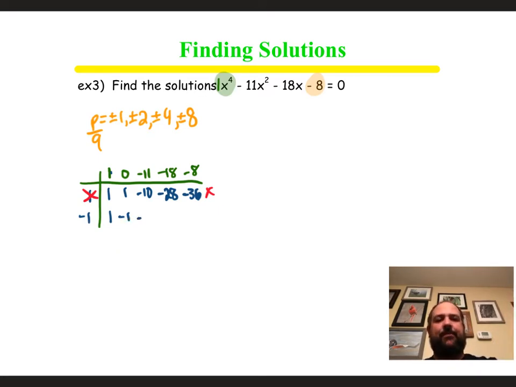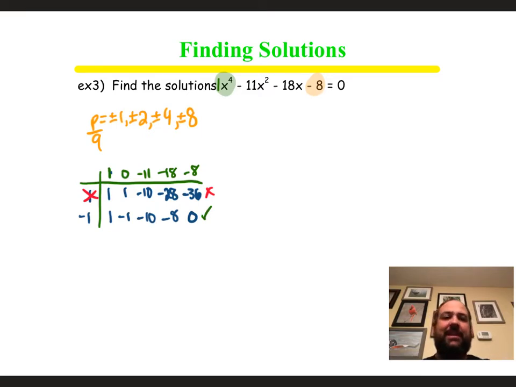That's negative 10. Well, this is not great because it looks like we're starting off the same way. But now, negative 1 times negative 10 is 10 plus negative 18 gives me negative 8. And then negative 1 times negative 8 gives me 8 plus negative 8. That gives me 0. Yes, that is what we wanted to end up with.